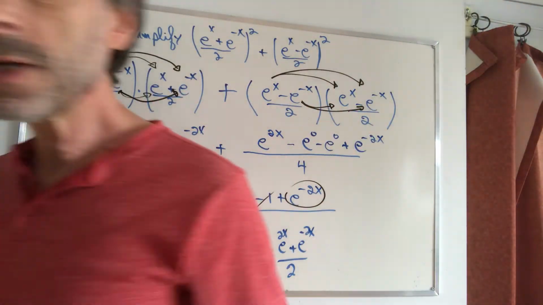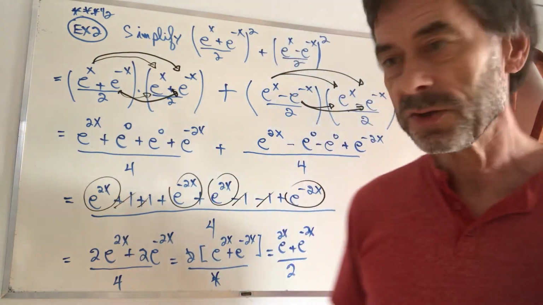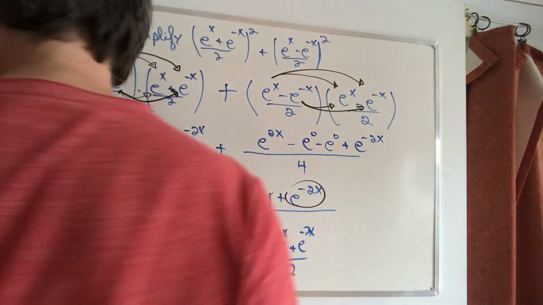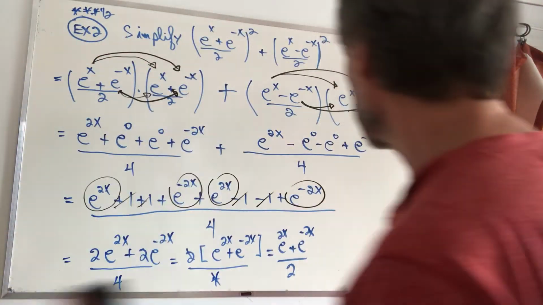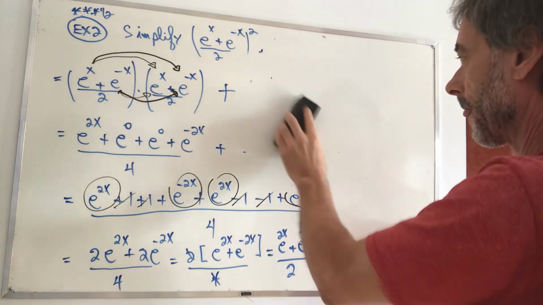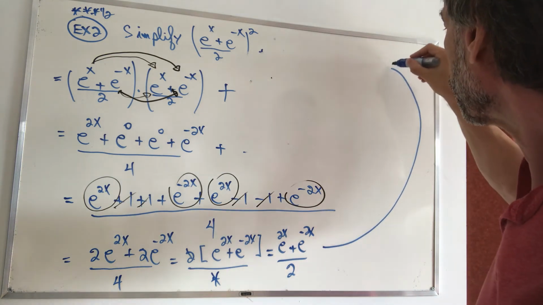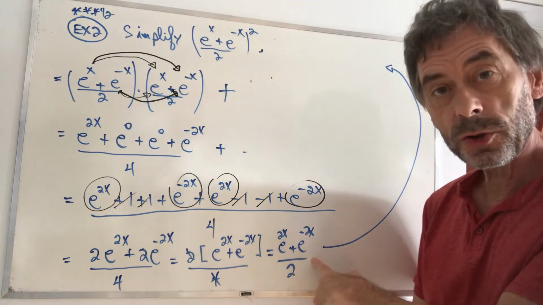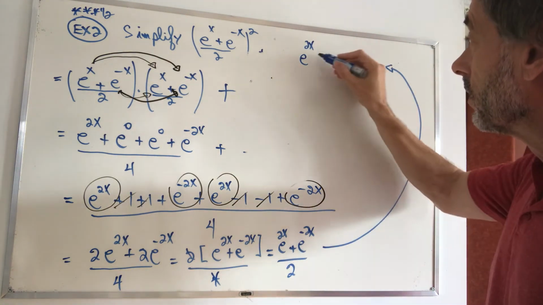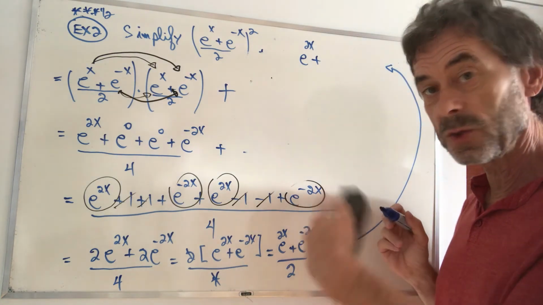And since I am not in the habit of leaving any answers with a negative exponent, I will make the extra effort to get rid of the minus exponent here. So I need to create a little bit of space. Let's go over here. So e^(2x) plus, negative exponent. We know what this means, huh? Anything with a negative exponent is 1 over.